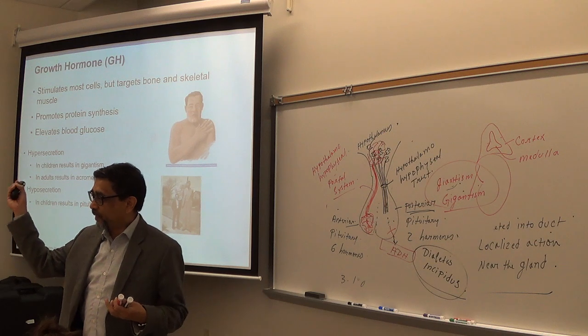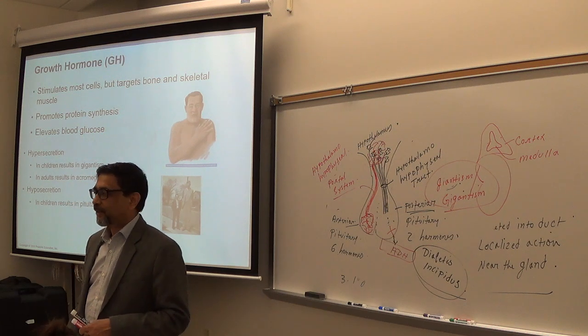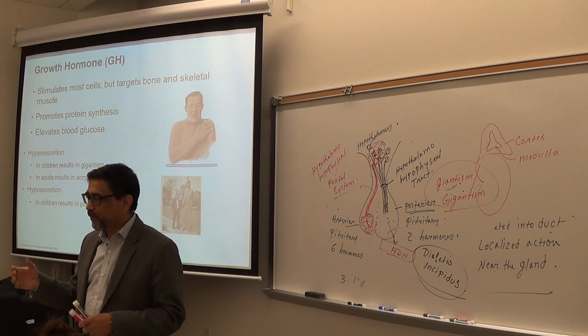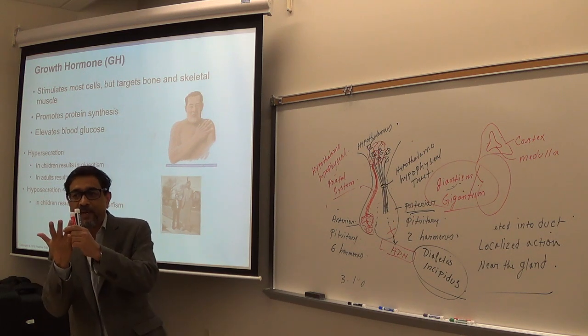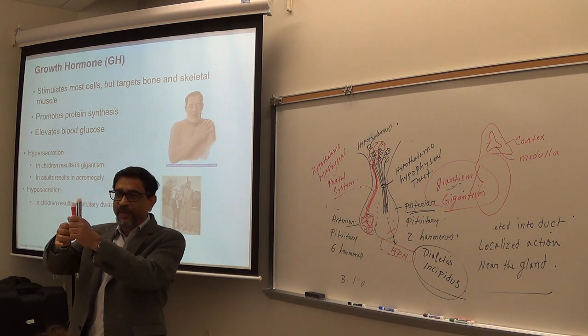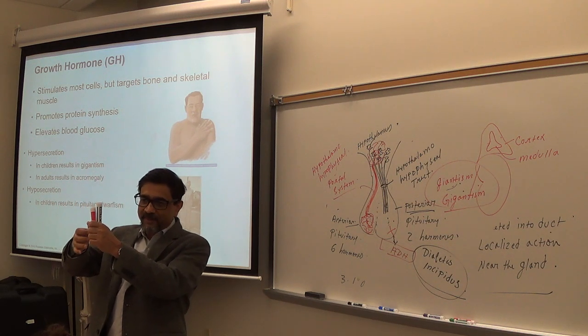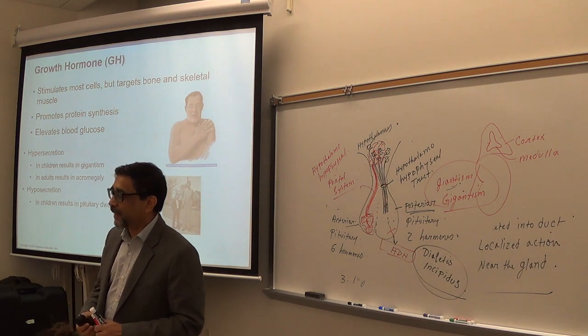And if for some reason growth hormone secretion occurs more after puberty, that means in adulthood, bone will not grow in length anymore, but some bones, particularly the facial bones and the bones of your fingers, will grow in width. Make sense? So, that condition is called acromegaly.